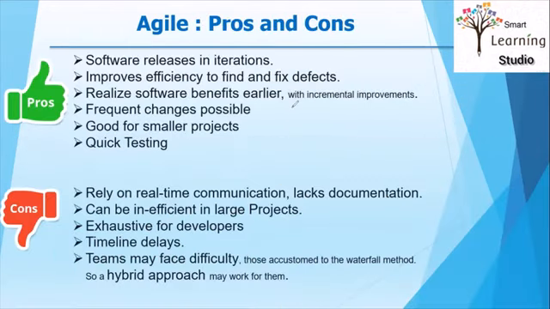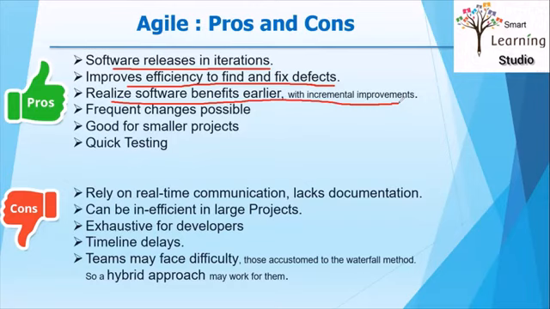Let us discuss the pros and cons of agile development. Software releases are in iterations, so this is a good thing. It improves efficiency to find and fix defects. It realizes software benefits earlier with incremental improvements. So you are developing very small parts and testing it and deploying it.